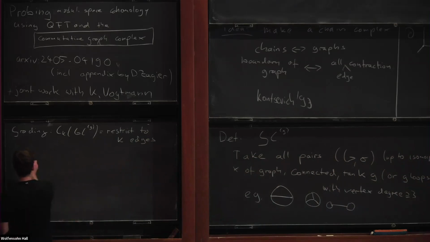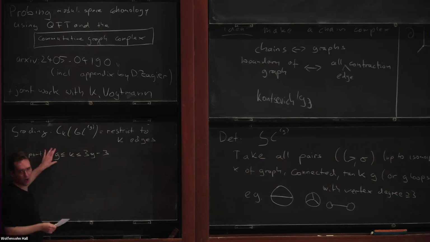And now we can just compute the support. So these chain groups, or chain spaces, actually, because it's all over a field, have support for the degree in between g and 3g minus 3.